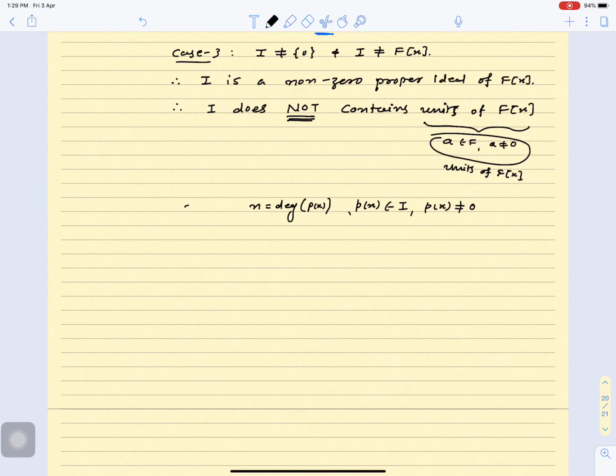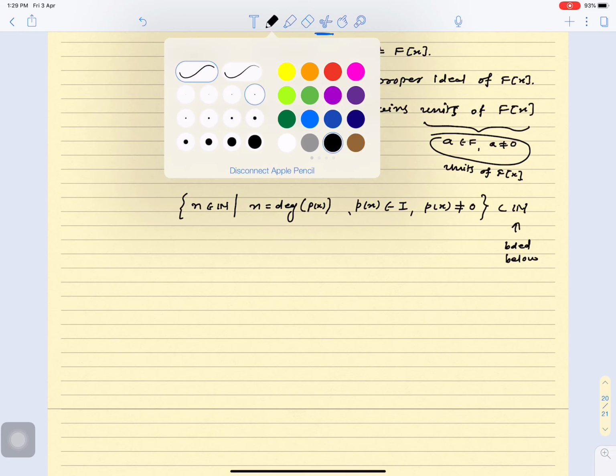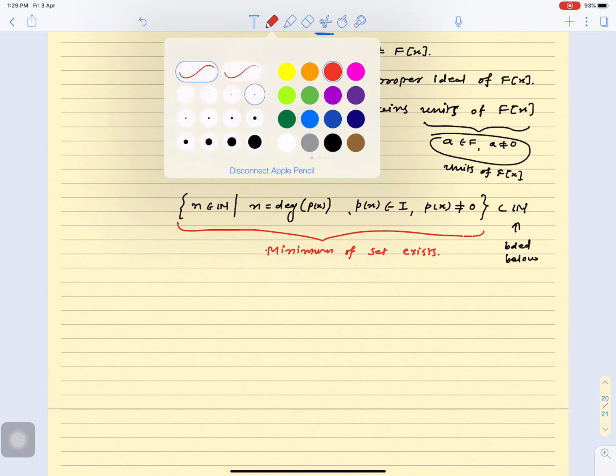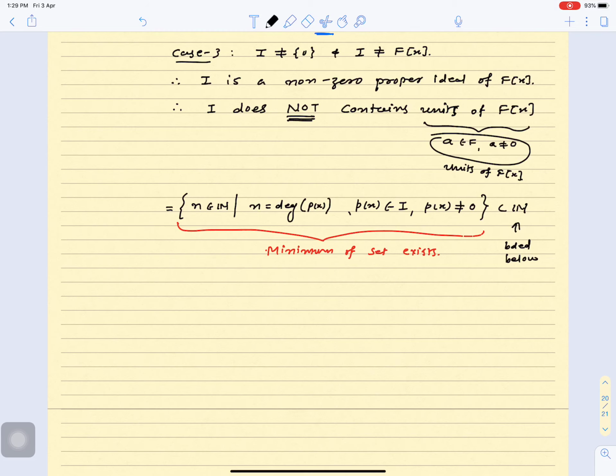So you collect the set of n belonging to N such that n is the degree of p(x), where p(x) is a non-zero element of the ideal I. Then this set is a subset of N, and it is bounded below. So the minimum of this set exists.